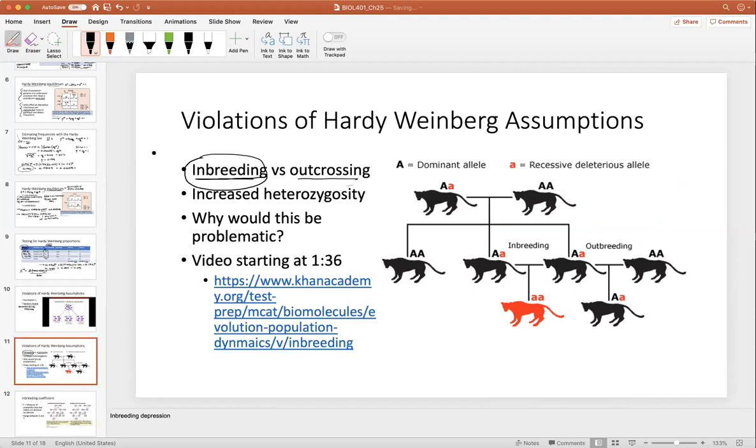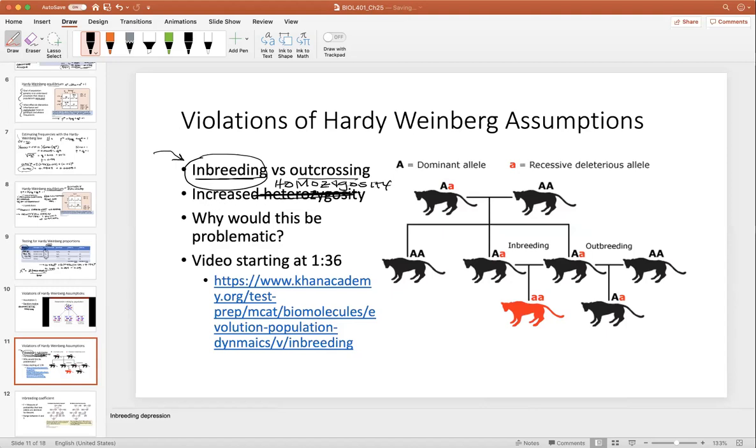Now, the problem with inbreeding is that it tends to concentrate, and I said heterozygosity here, that's wrong, guys, it increases homozygosity. That is a typo on my part. Okay, so inbreeding tends to increase homozygosity.